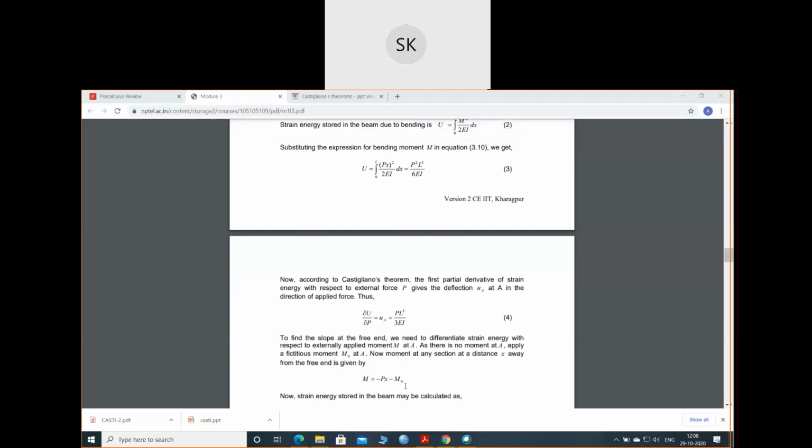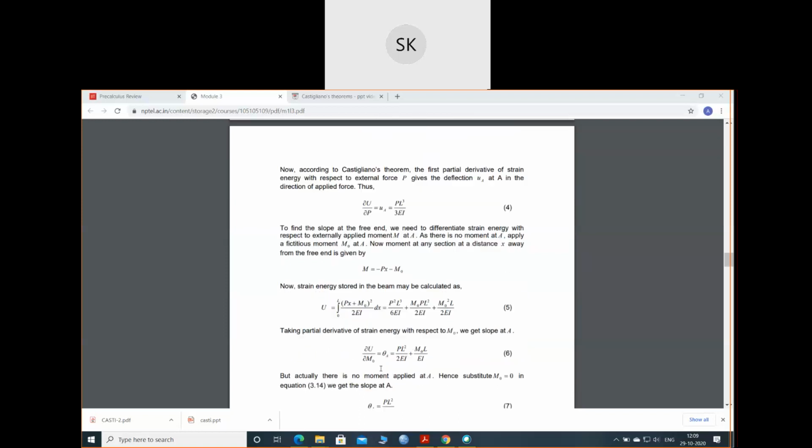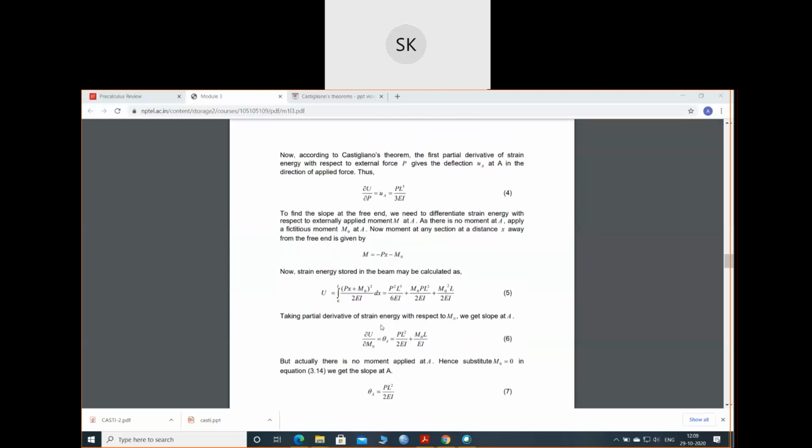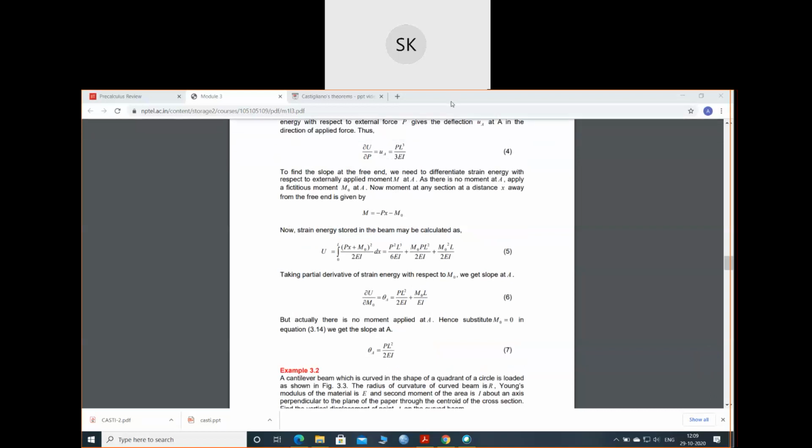We don't have any moment, so we applied an imaginary moment, which is also known as a fictitious moment. And we placed that moment equation again in the strain energy to find out the slope. So we got this equation. As we know there is no actual moment, we will not consider this part. So we got the slope also. So this much for this class.